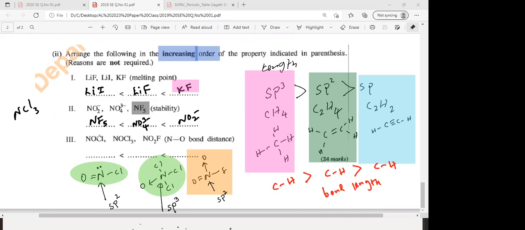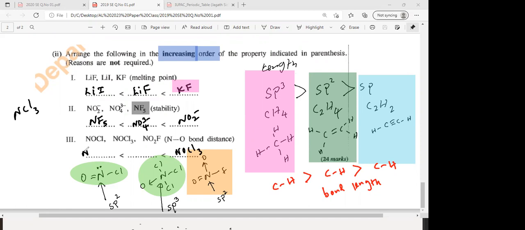Now how to compare NO2F and NOCl? Both are sp2. But here you can see in the bond, in NOCl it's lower. Okay, I'll write the answer now. Highest will be NOCl3.